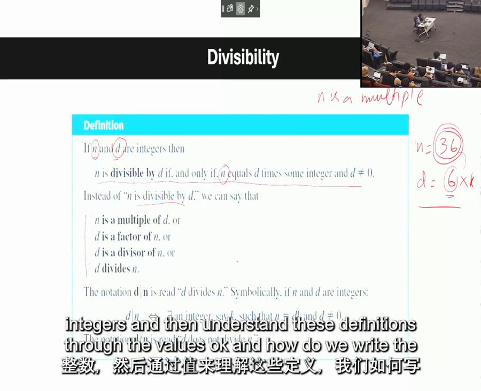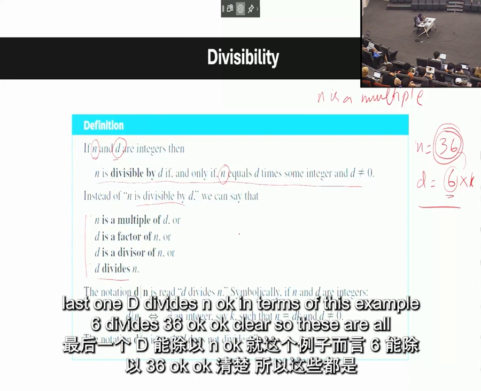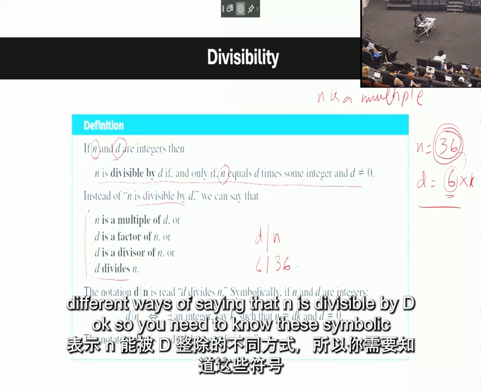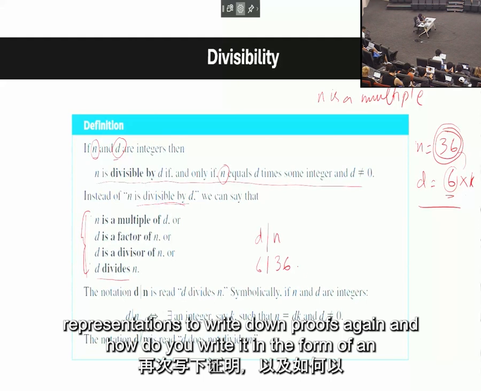And how do we write the last one? d divides n. In terms of this example, 6 divides 36. So these are all different ways of saying that n is divisible by d. You need to know these symbolic representations to write down proofs.